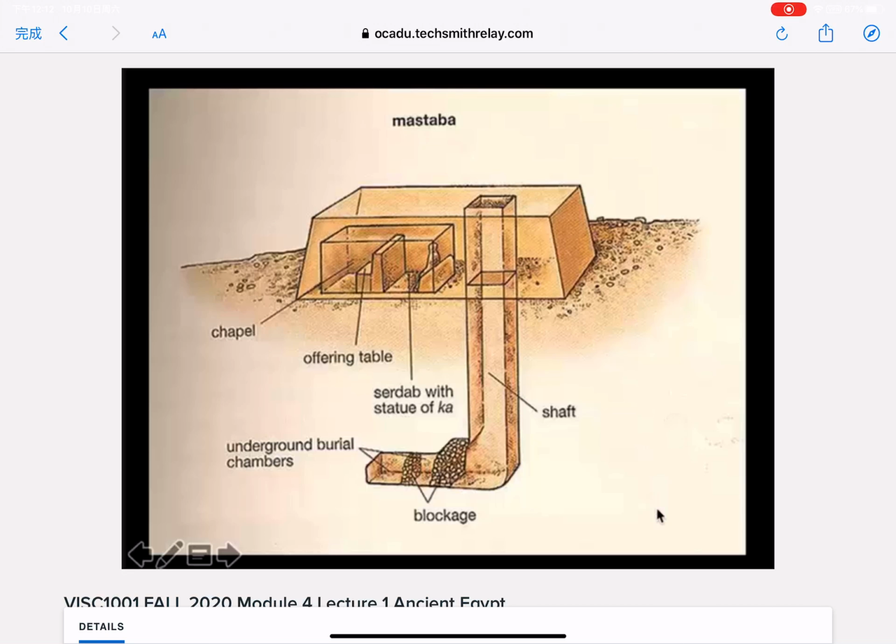If we look at this diagram, we can see that the above ground portion of the mastaba within its sloping sides contains something called a serdab. And the serdab is this room.